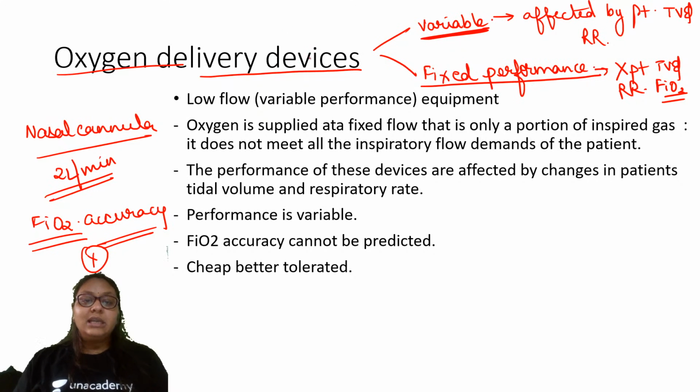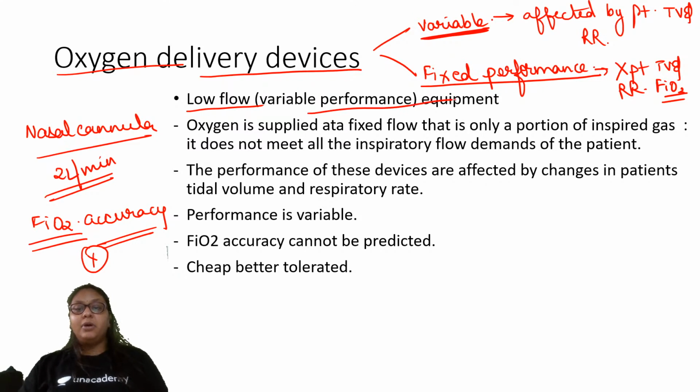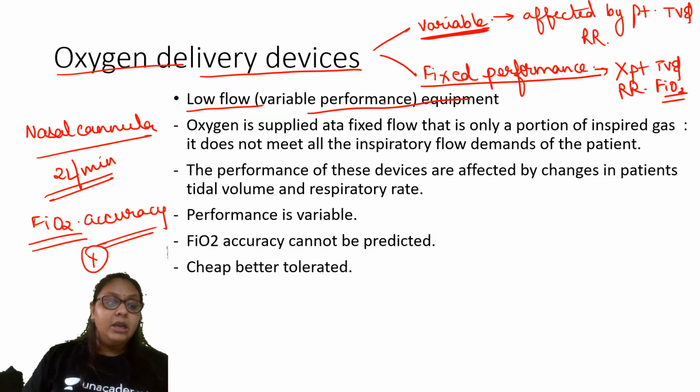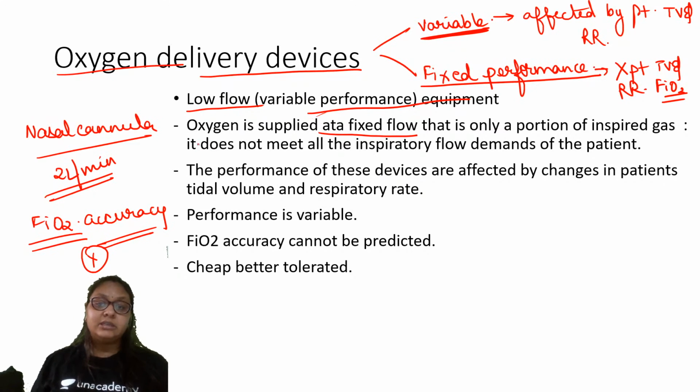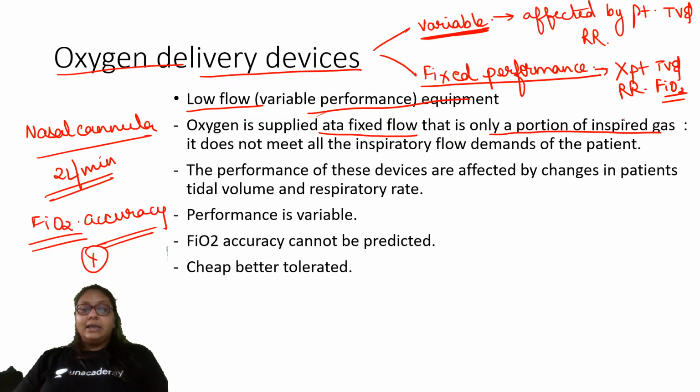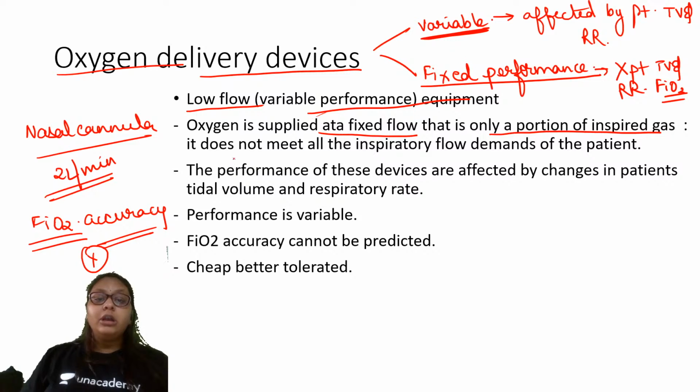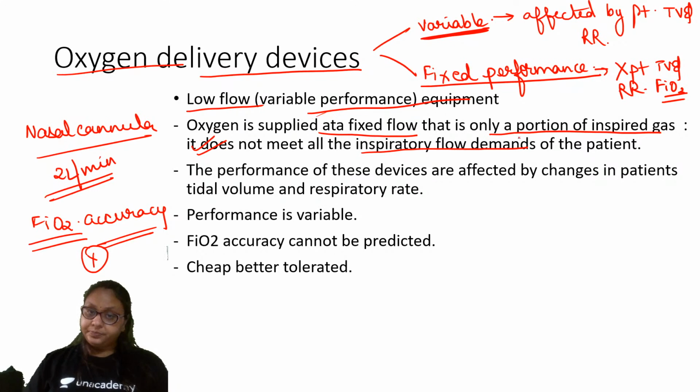So these oxygen delivery devices are low flow, variable performance equipment, and oxygen is supplied at a fixed flow like 2 liters per minute, 4 liters per minute, but that is only a portion of the inspired gas, and it does not meet all the inspiratory flow demands of the patient.